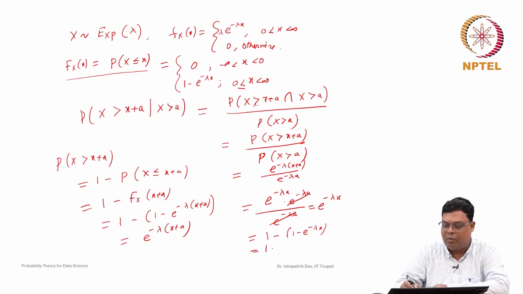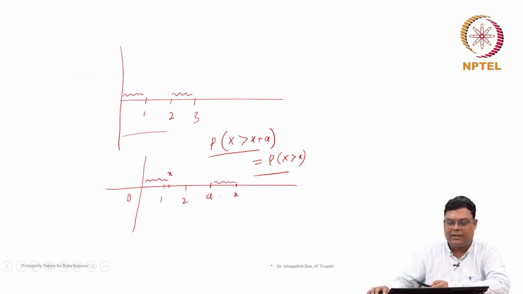This is 1 minus F_X of x, which is 1 minus the probability X less than or equal to x, and that is nothing but the probability that X is greater than x. So, that is the relationship we got.